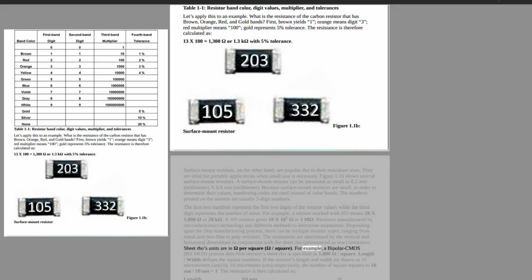For example, a bipolar CMOS, BiCMOS, process thin film resistor's sheet rho is specified as 1000 ohms/square. Length/width defines the square numbers. If the resistor's length and width are drawn as 10 micrometers by 10 micrometers, respectively, the number of squares equates to 10/10 equals 1. The resistance is then calculated as.